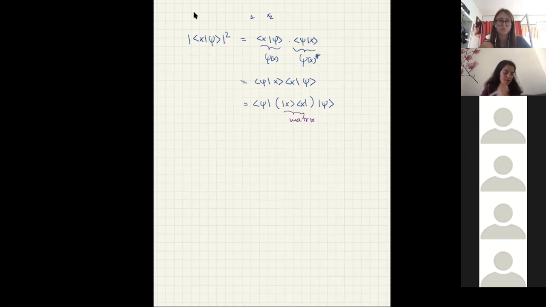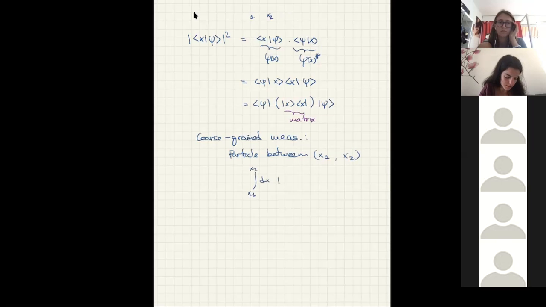For a coarse-grained measurement, we'll have, for example, the particle between x1 and x2. The corresponding matrix is going to be the integral from x1 to x2 of dx |x⟩⟨x|.